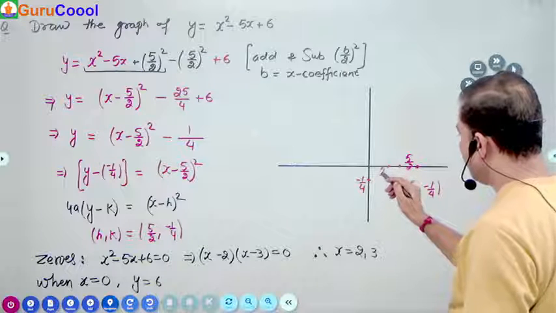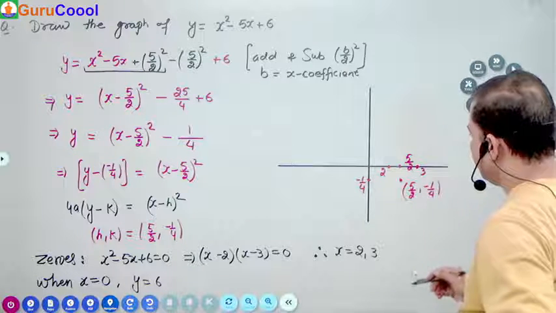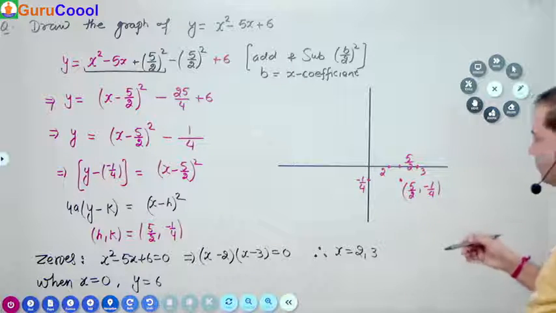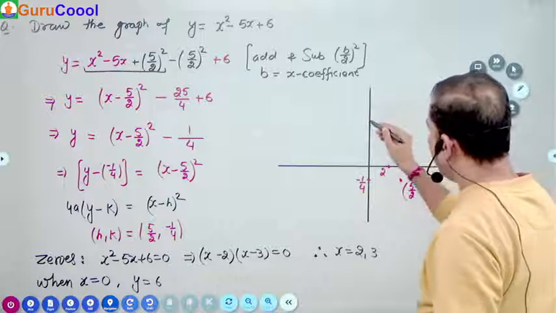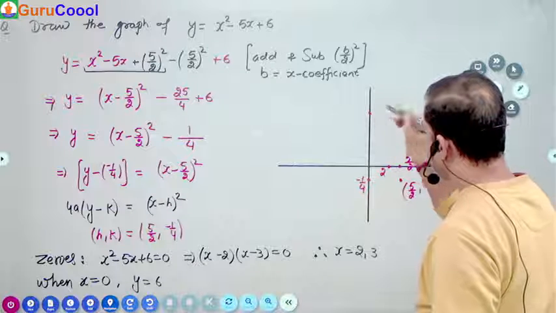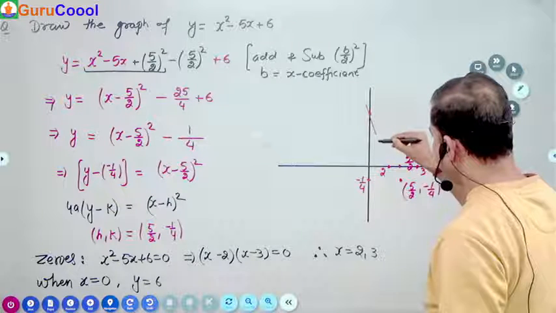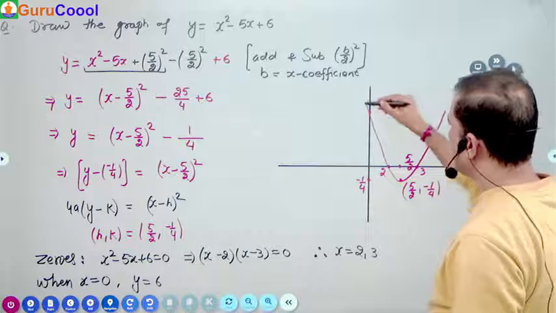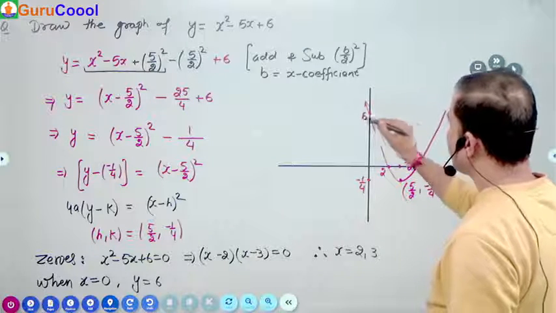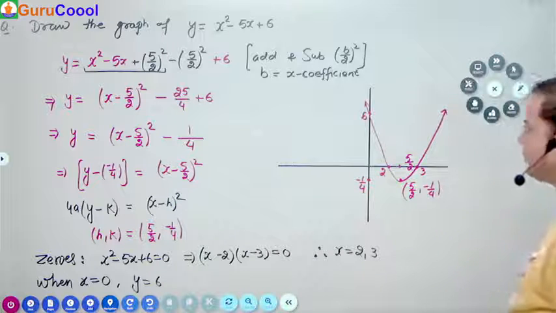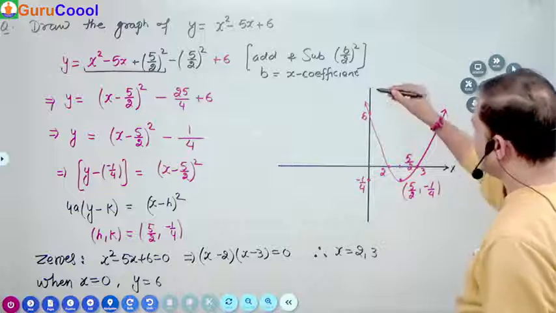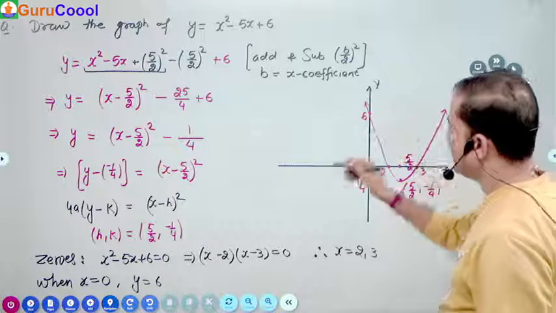This number is 2, this number is 3, and it crosses the y-axis at 6. Suppose here, parabola is drawn. Done. X-axis, y-axis.